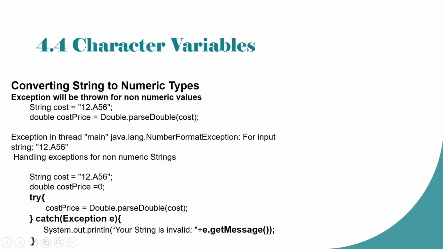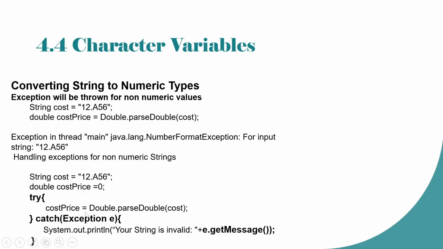So the way we handle this is to put the wrapper class parse method inside a try-catch block. You see, here is the try-catch block. In the try, we try to convert the string value into a double.